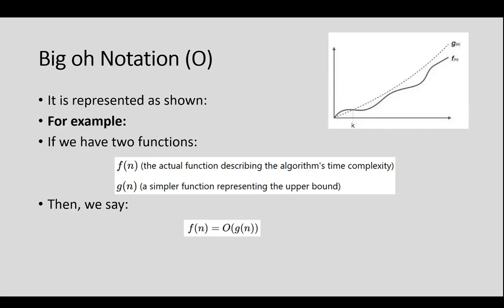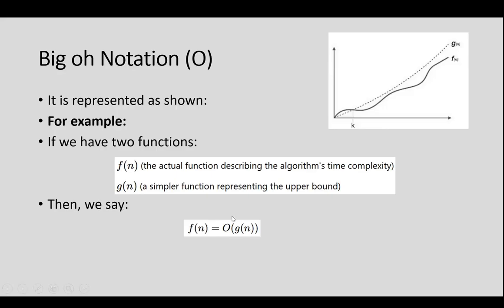So if we have two functions, f of n and g of n, what is f of n? The actual function describes the algorithm's time complexity. And what is g of n? A simple function representing the upper bound, a normal function which is giving the upper bound. That's why we are selecting it.